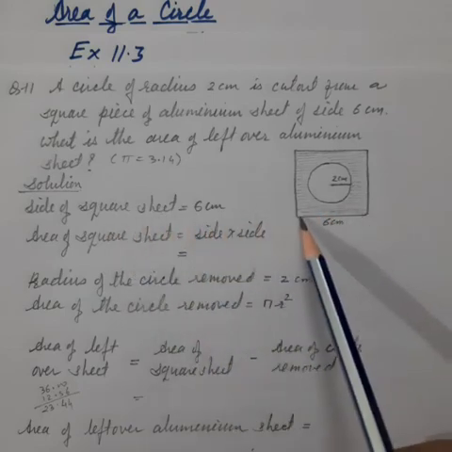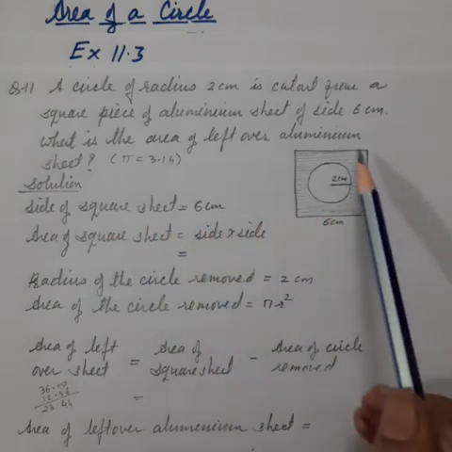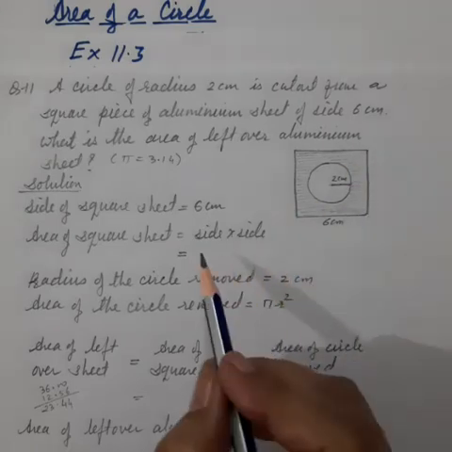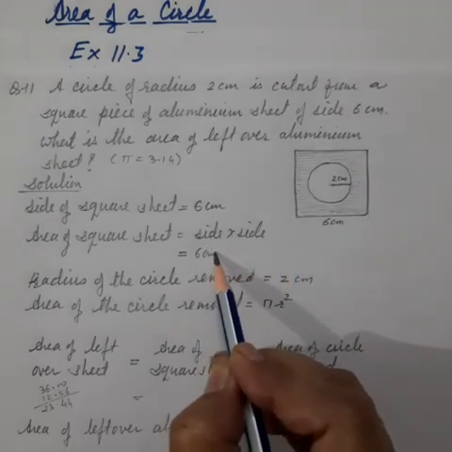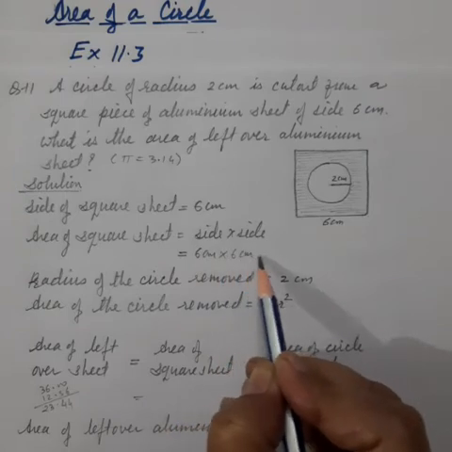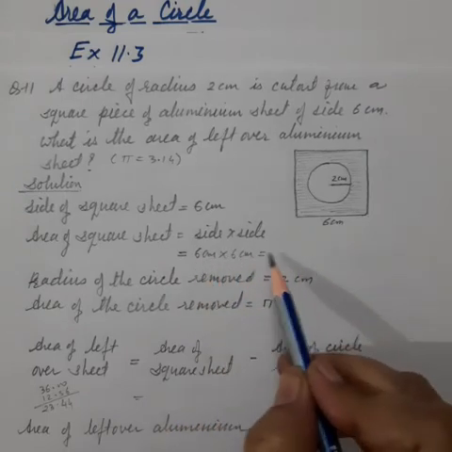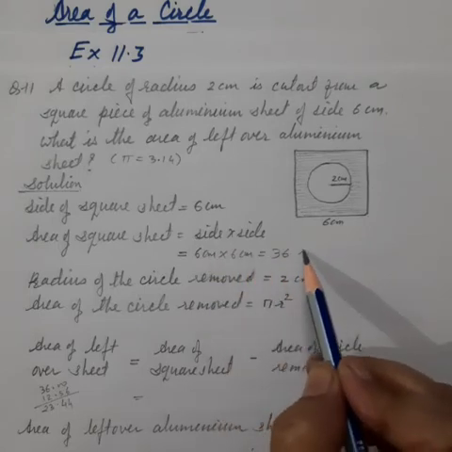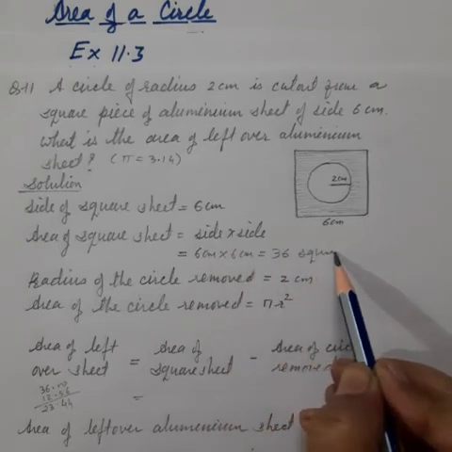Side of the square sheet is given 6 cm, and because the sheet is in square shape, area is side into side. So let us find out area. Side into side. 6 cm into 6 cm. 6 6s are 36 square centimeter.